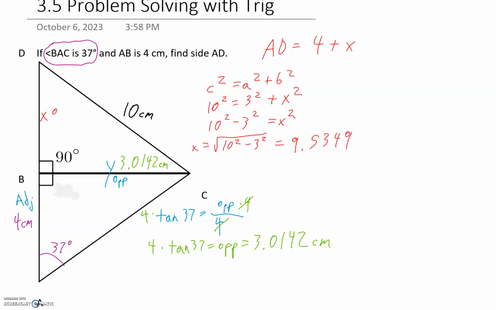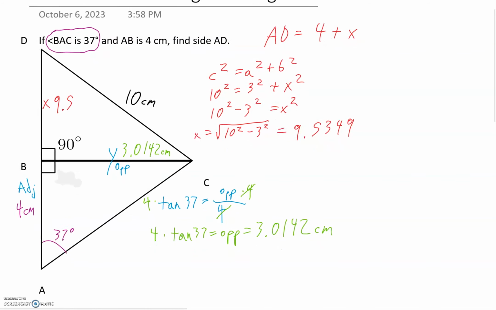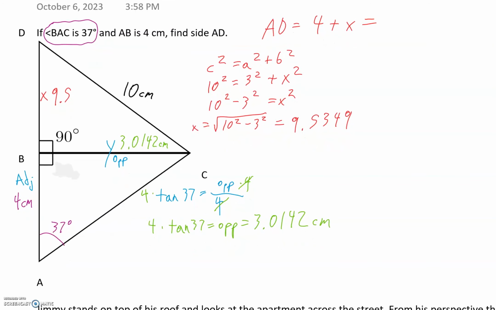So I'm going to call it 9.5 in here when I'm writing it. So then when I add 4 plus that, I get 13.5 centimeters as my final answer for side AD.